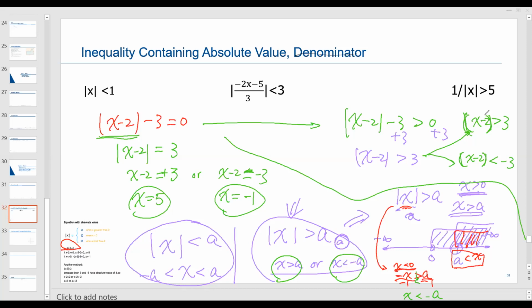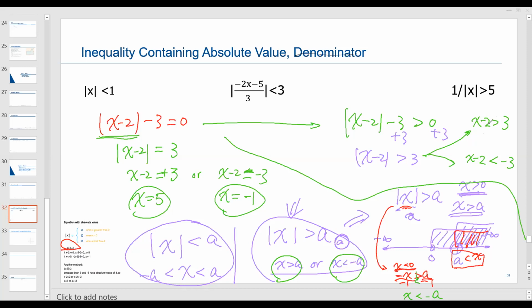So we can erase this part off. Let me make that one here. X minus 2 greater than 3 or X minus 2 less than negative 3, right? Is it correct?